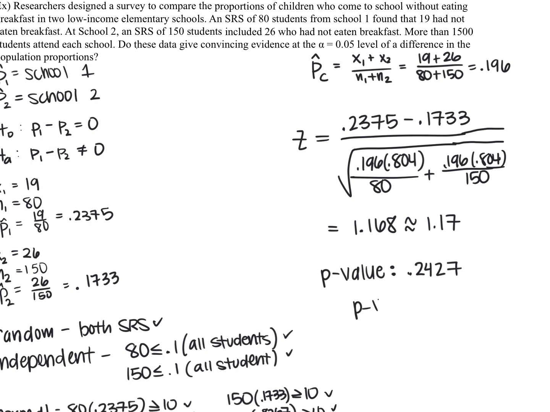Now I want to compare this p-value to my alpha. Now I didn't state an alpha, which means I'm going to be using an alpha of 0.05. Oh no, sorry, it does state alpha is 0.05.